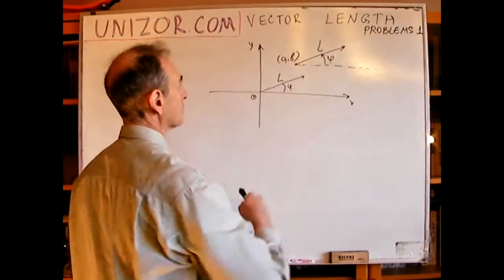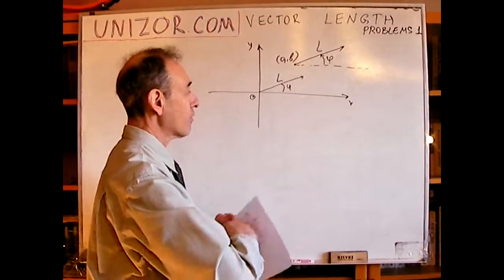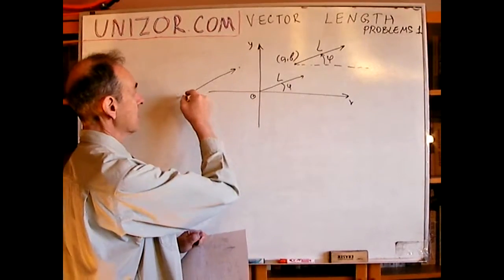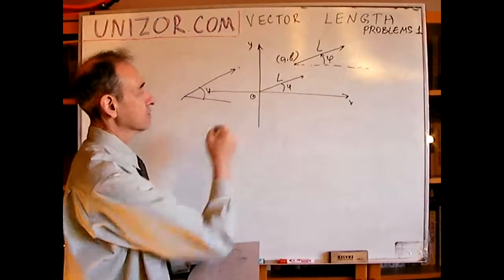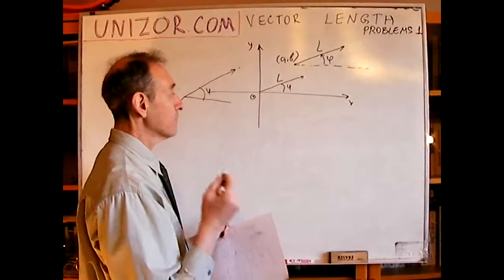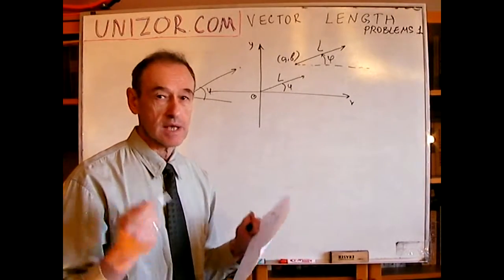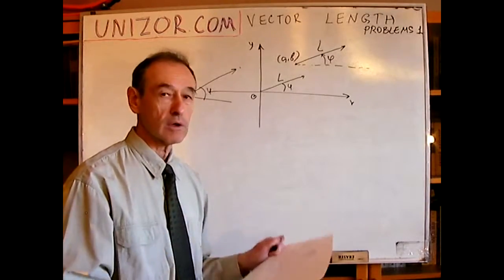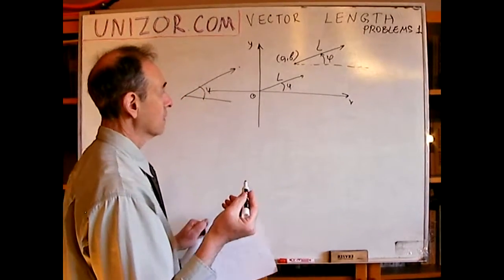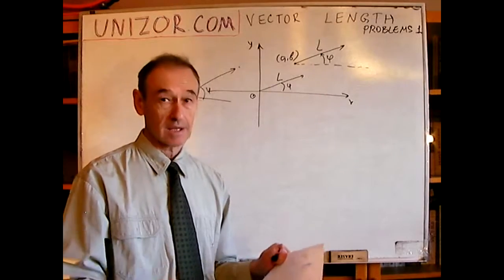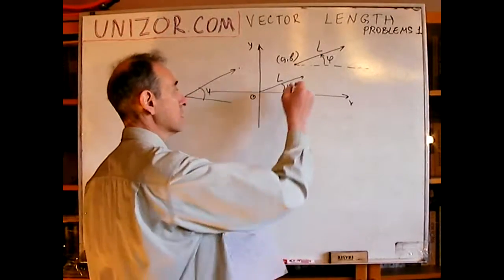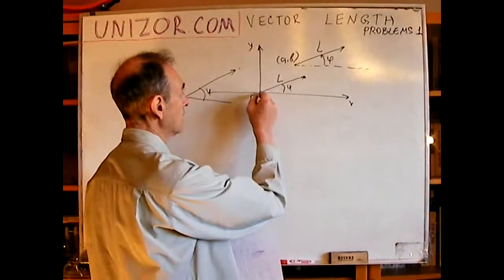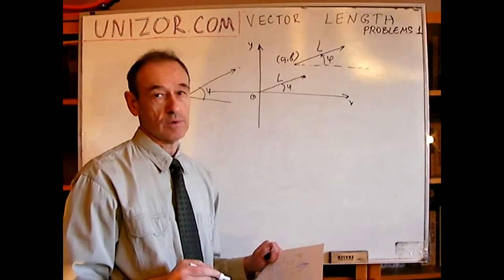So all vectors, this one and anywhere else I put them, as long as they have the same length and the same direction relative to the horizontal line, are exactly the same. They are equal to each other, they are congruent to each other, and their tuple representation is exactly the same, which is the position of the endpoint of this vector if it originates at 0, 0.